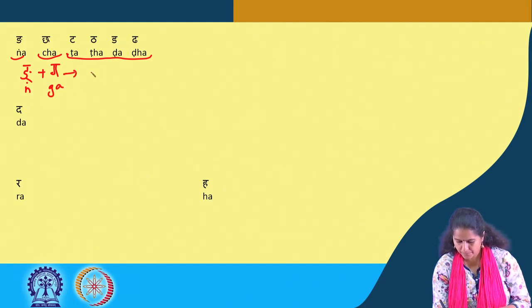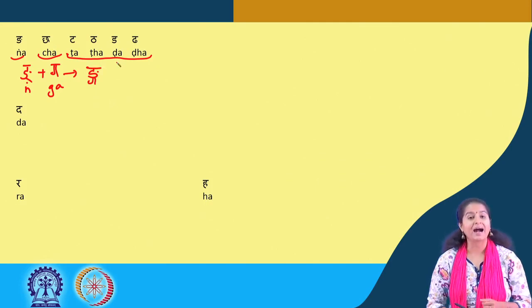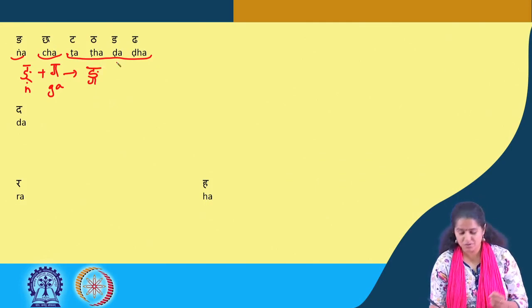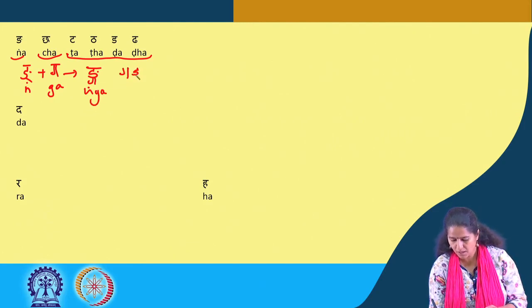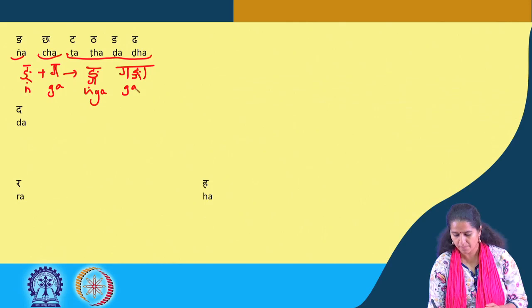It will take the letter below it, ng. So we have the famous river that you know, which is Ganga. So g, g, and then the a comes beside it as a whole, Ganga.